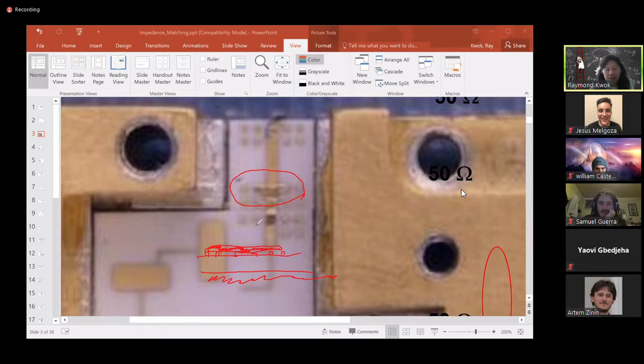Yes. So if you look at the top view of what I'm drawing here, this is the substrate. The bottom is ground. On top here, this is the active trace, the 50 ohms. That is this trace here. And then on the side, you have a little confetti printed on top of the circuit.